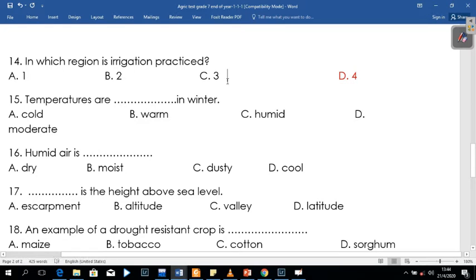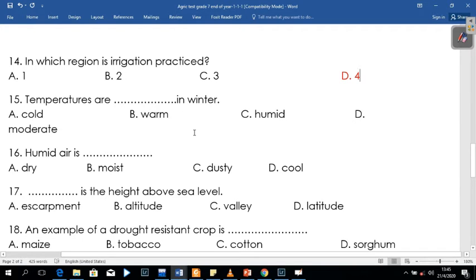And let me hasten also to say that in region 3, even region 2, irrigation is also practiced in these regions, but however in region 4 it is not possible to grow anything without irrigation, so we say region 4.